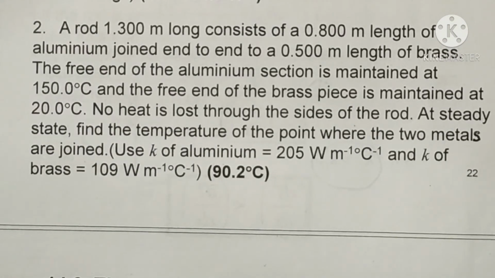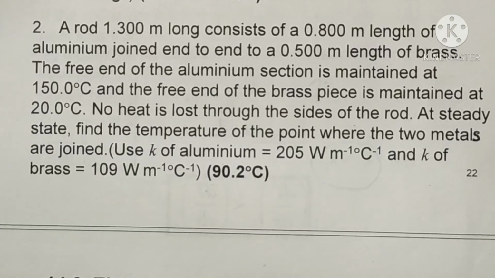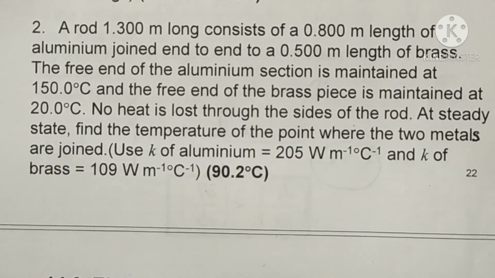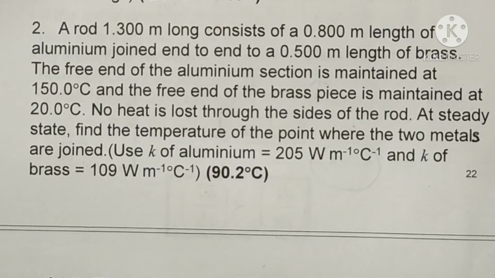Followed by a rod 1.3 meter long consisting of a 0.8 meter length of aluminium joined end to end to a 0.5 meter length of brass. The free end of the aluminium section is maintained at 150 degrees Celsius and the free end of the brass piece is maintained at 20 degrees Celsius. No heat is lost to the sides of the rod.